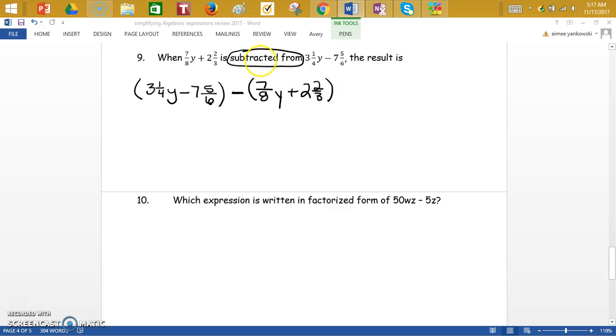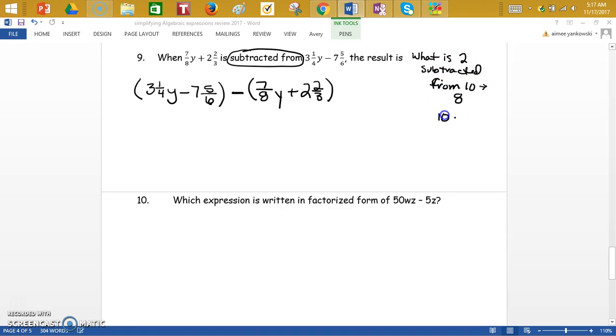A lot of times when students question, subtracted from, why do I have to reverse the order? Well, I usually fall back on what is 2 subtracted from 10? And most students can tell me 2 subtracted from 10 is just 8. So I say, what's the mathematical expression for that?